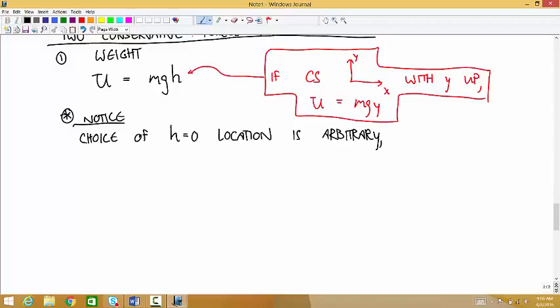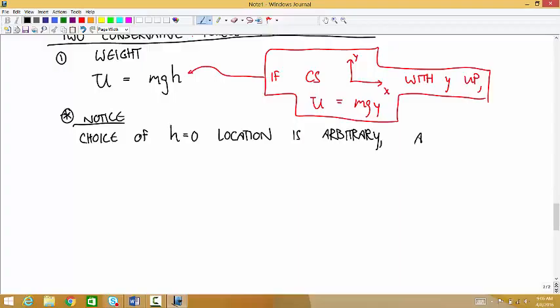So whether you call the height on the table 50 million miles or 1 meter or 0, all that matters is how much higher it gets or lower it gets. And so that constant subtracts out when you take the change.